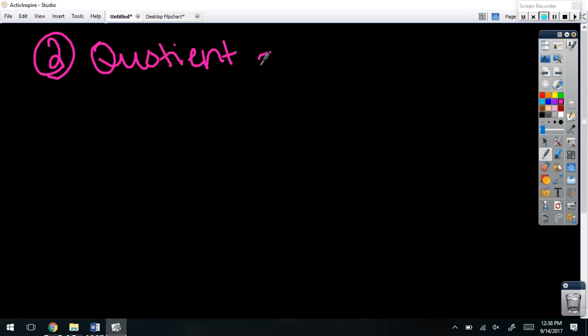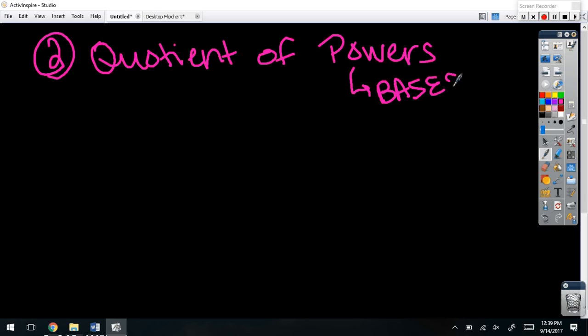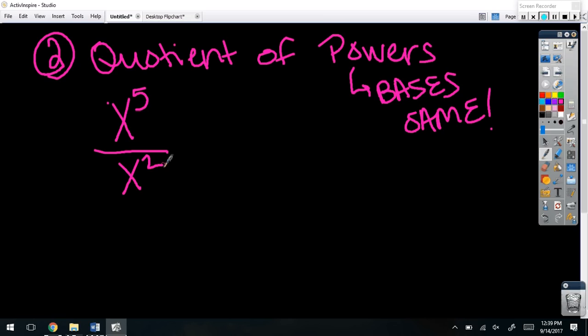What does quotient mean? Quotient of powers, okay? So again, this is one where the bases have to be the same. So if I have this, those bases are the same, yes? Can y'all see that color?